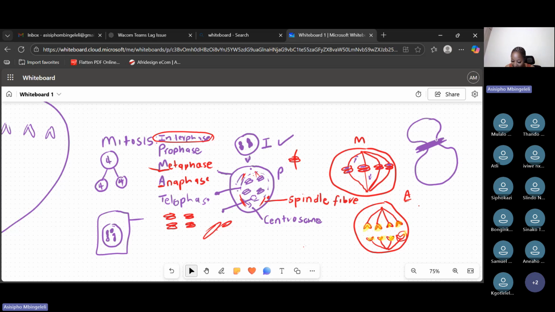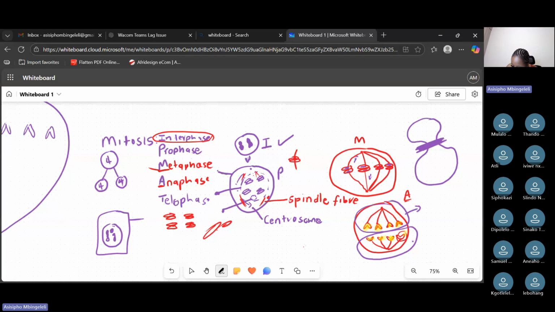What cells are we looking at here? So these chromosomes that moved upwards will form one cell, and these chromosomes that move downwards, the opposite direction of the equator, will then form the next cell. So what do we end up having here? This will be one cell, and this will be another cell.